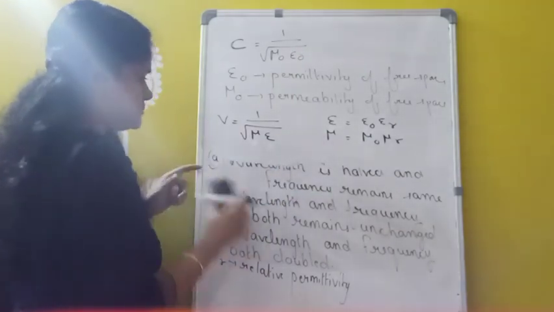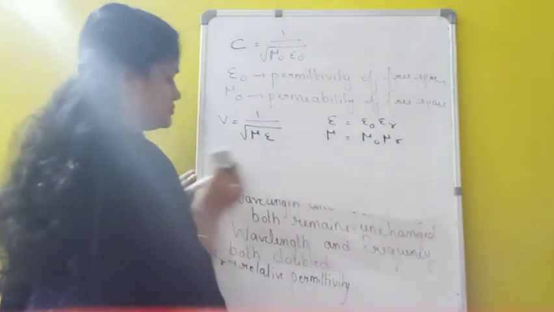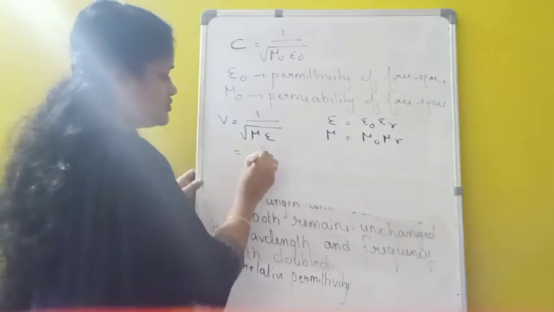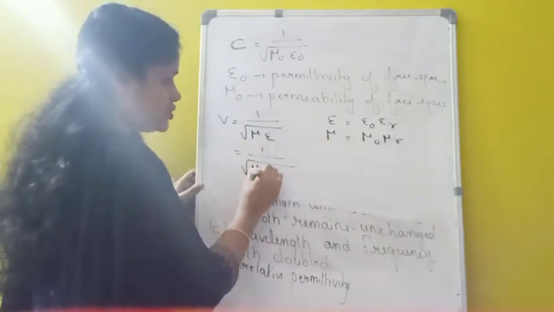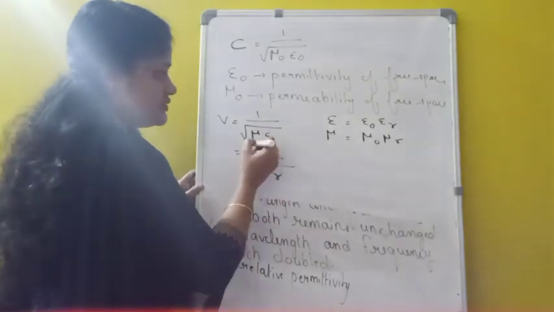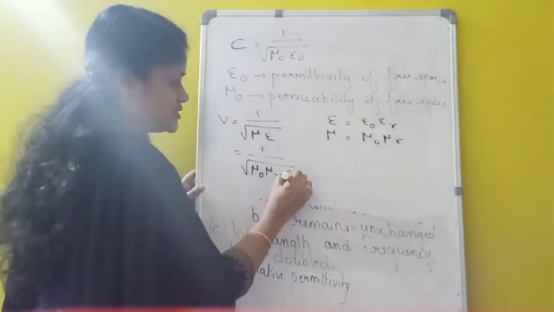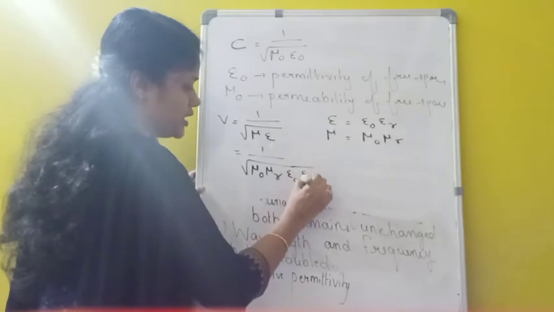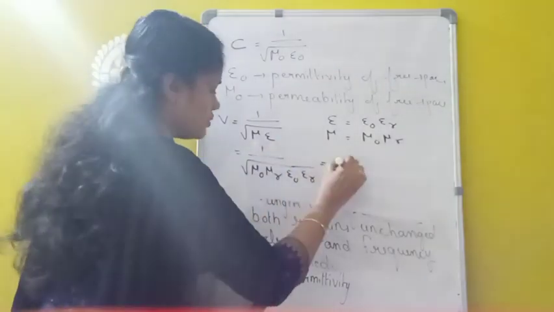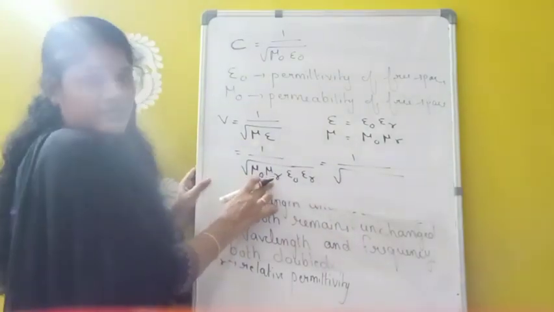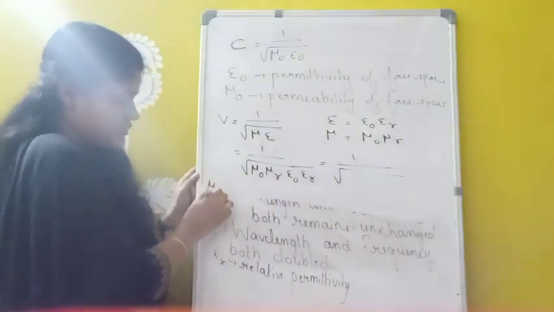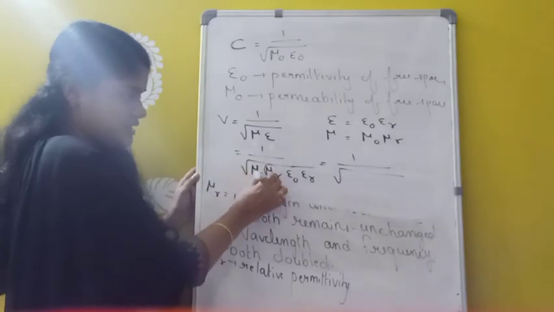So here I am writing V equals 1 by root of, instead of mu I am writing mu 0 into mu r, and instead of epsilon I am writing epsilon 0 into epsilon r. But in the problem, mu r is given as 1 in the question itself. Mu r equals 1. So this mu r becomes 1.